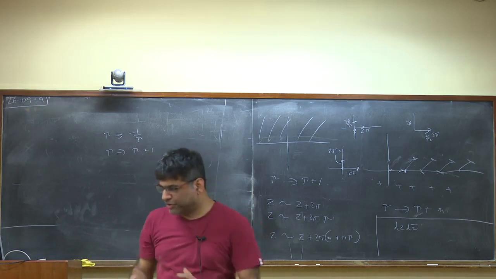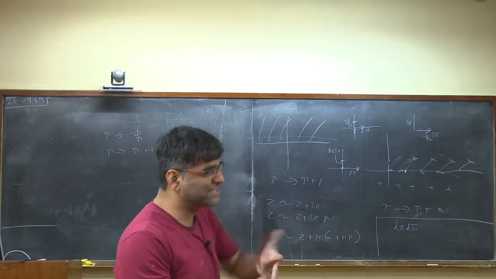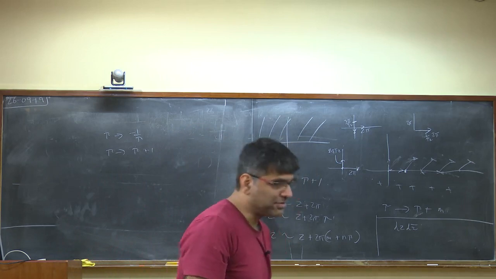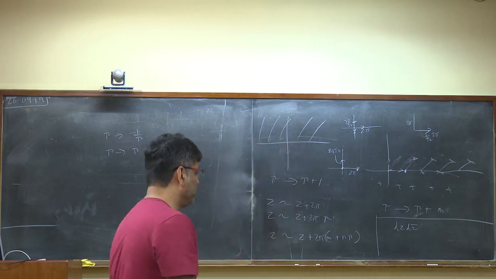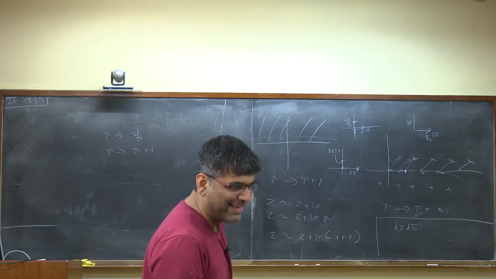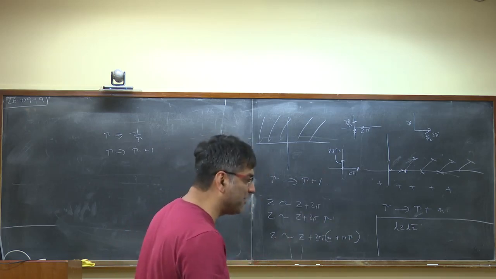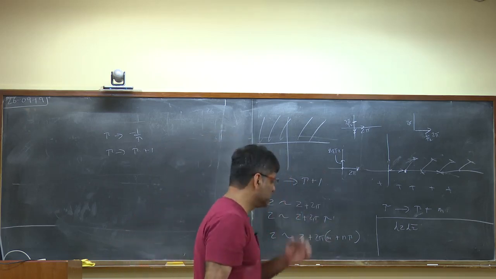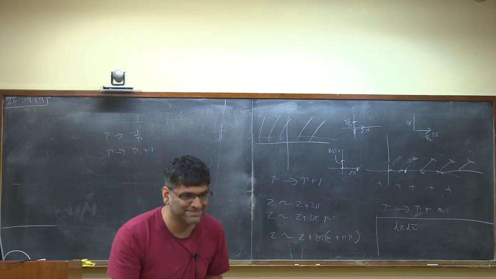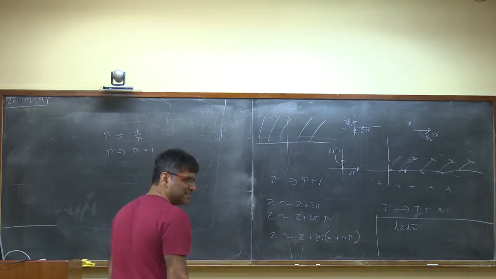But now when you've got two operations, you can try to do one after the other. You can first do tau goes to tau plus 1 and then do tau goes to minus 1 by tau, and then you get something that's neither one of these. So what you have to do is to look at the whole group generated by these two operations.